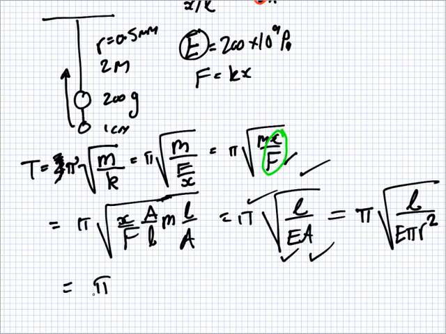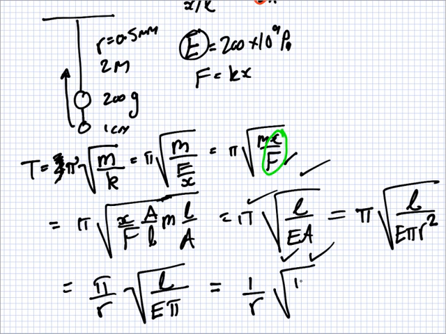That's pi over r root L over E pi. Let's keep simplifying for fun. So that is 1 over r root pi L over E. Right, that's the absolute simplest I can make this formula.